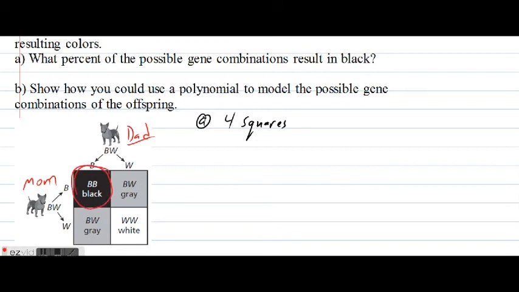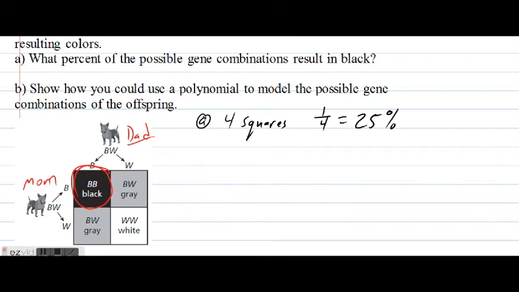So 1 divided by 4 is 25%. Okay? So part A, what percent of the possible gene combinations result in black? It's 25%. Now, think about it. What if they'd have asked what percent of the possible gene combinations result in the puppy being gray? Well, there's two of them. There's two gray boxes.